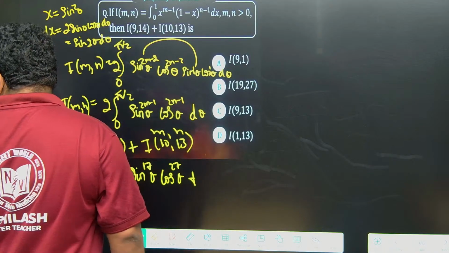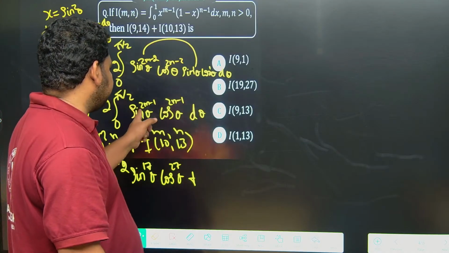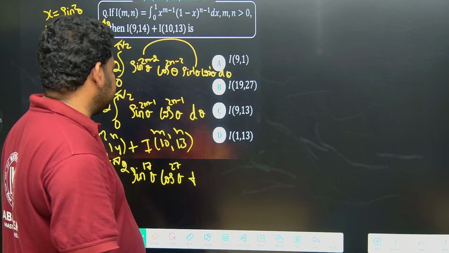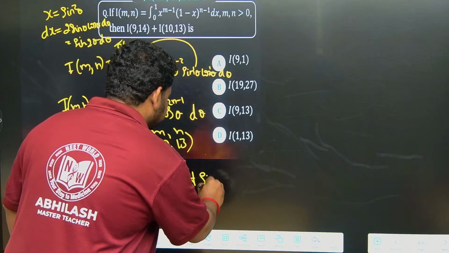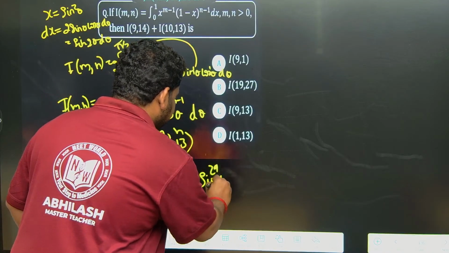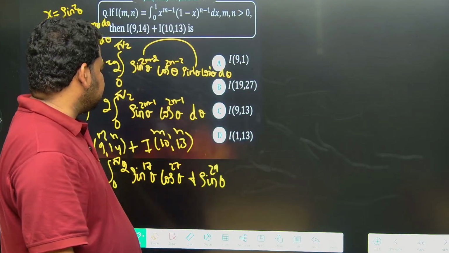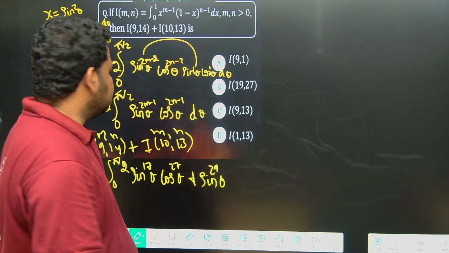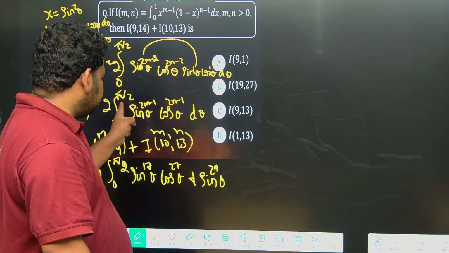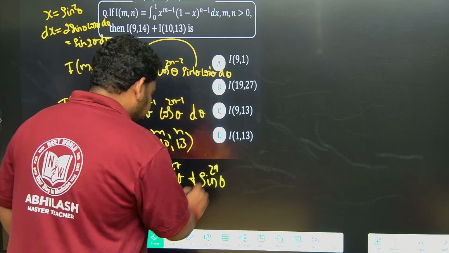Now, I of 10 comma 13. This is sin to the power of 2 into 10 is 20, 20 minus 1 is 19, it is not 29, it is 19.